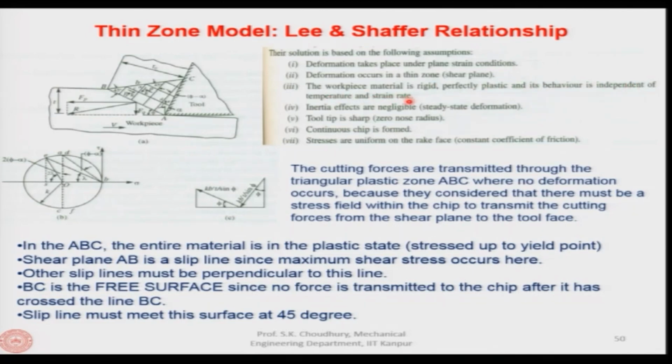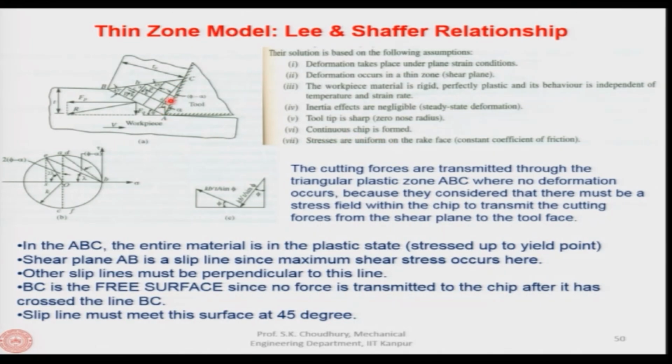Next, they are assuming that the inertia effects are negligible, which is the steady state deformation. The tool tip is sharp, that means there is no nose radius, and a continuous chip is formed. Stresses are uniform on the rake face, as in case of the Marchants.